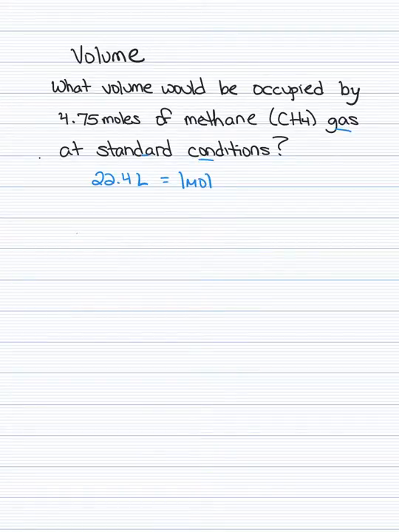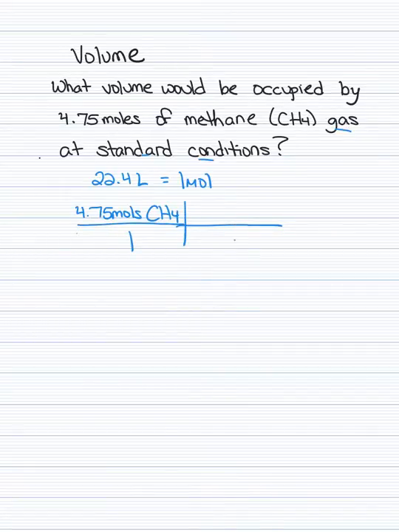So we're going to set this up with 4.75 moles of CH4 over 1. Moles is on the top, so moles will be on the bottom. There are 22.4 liters in 1 mole, so our answer should become 106 liters of CH4.